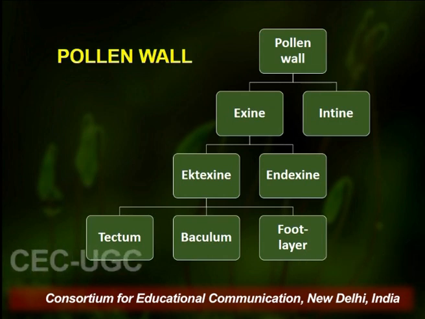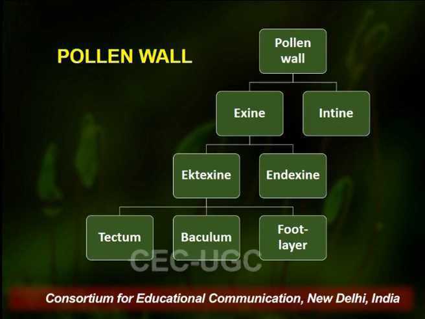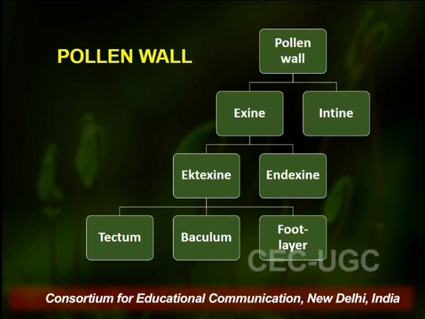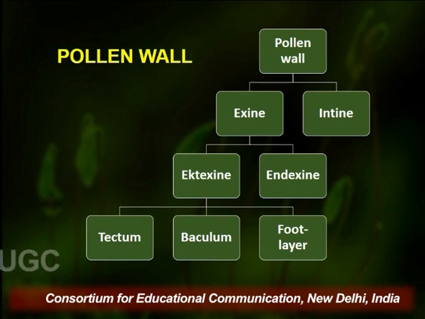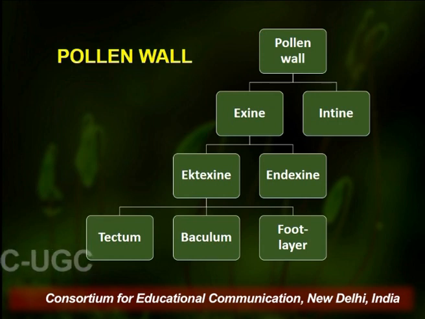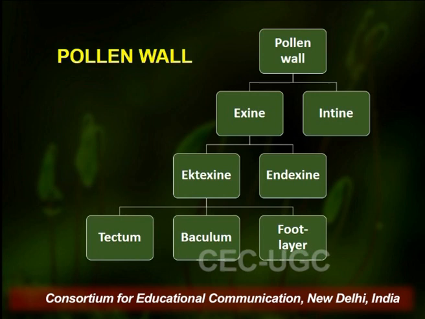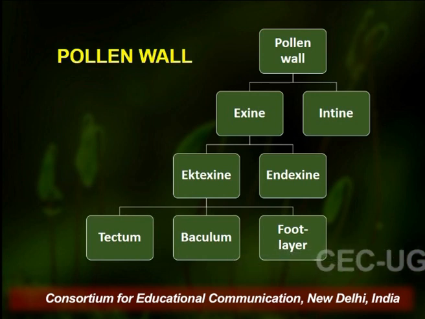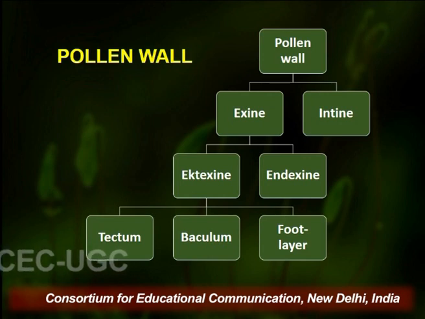The pollen wall is basically a covering of the pollen grains, and this pollen wall is divided into an exine and an intine. Exine is the outer portion of the pollen wall. Let me tell you that the pollen wall can be multi-layered. Primarily when we talk about the pollen wall, we say that it is two-layered. The inner one is the intine and the outer one is the exine.